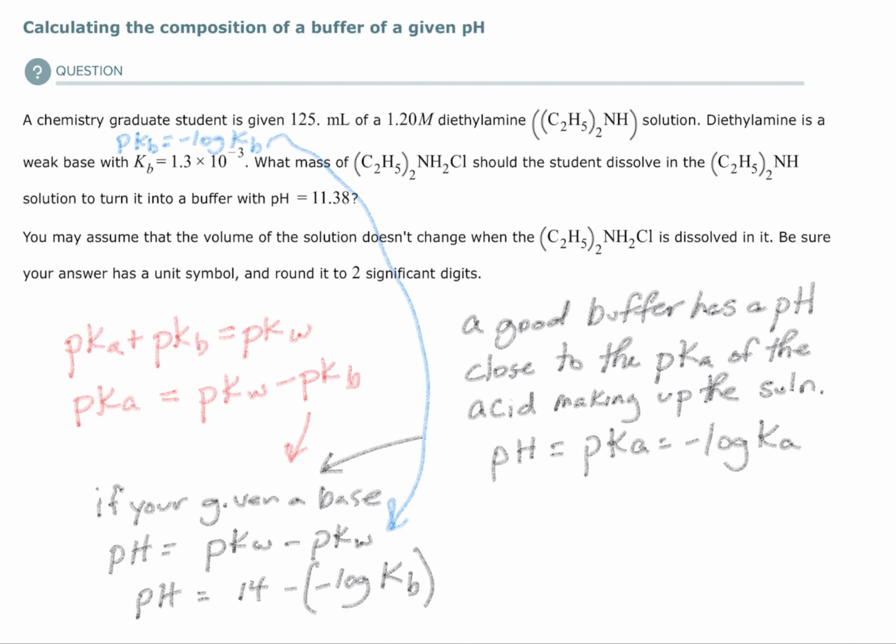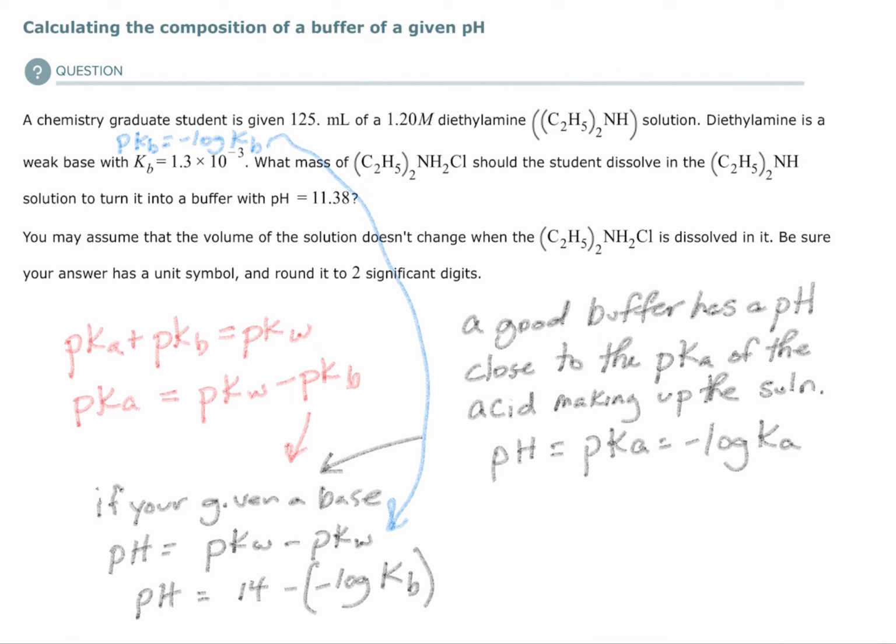Now, if I'm given the base, I can't use the pKa, so I need to use what it's equal to. The pKa is related to the pKb via the water constant. So your easy formula, and the water constant pKw is always 14, is pKa plus pKb equals 14.